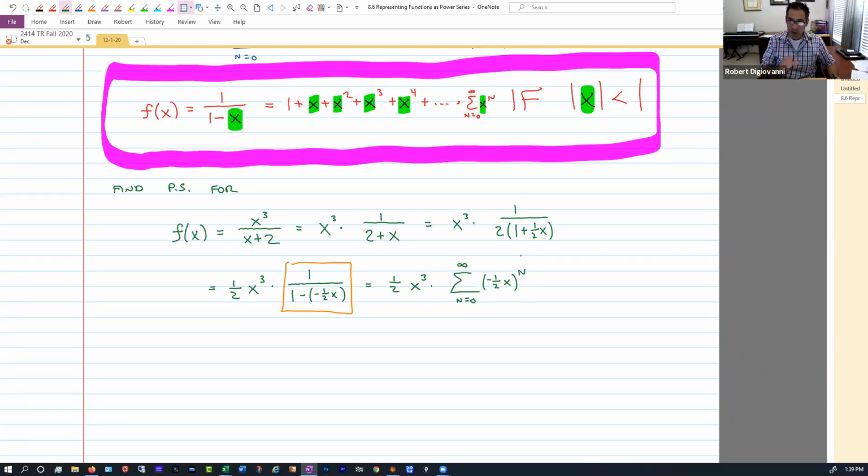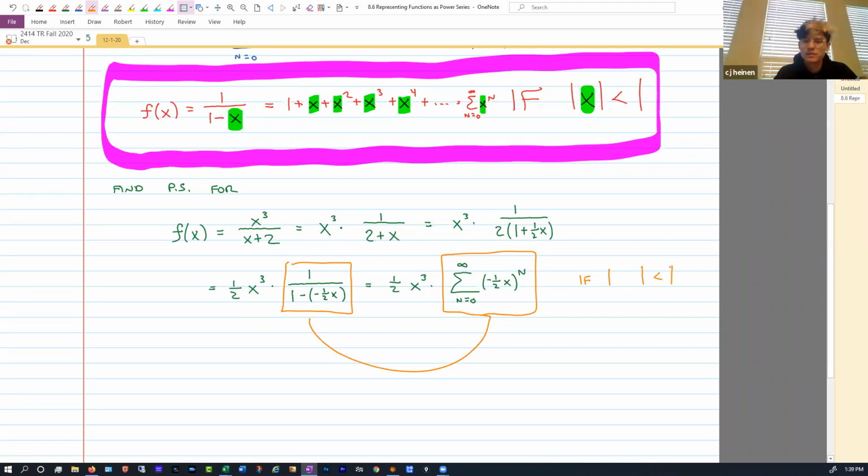Now, that's only legal, okay? This move from here to this is only a legal move if what? The absolute value of what is less than 1? The x, the dummy variable. Not x, but what was x for us?